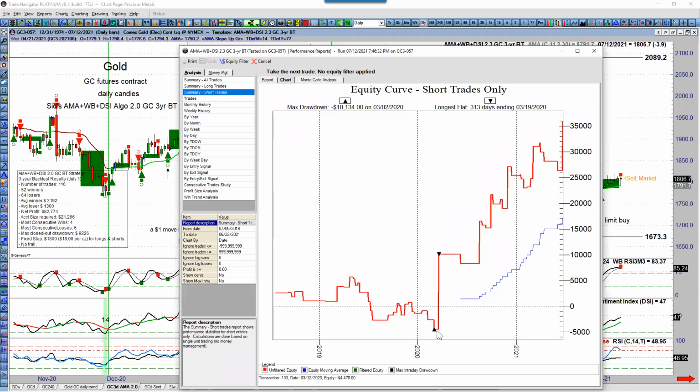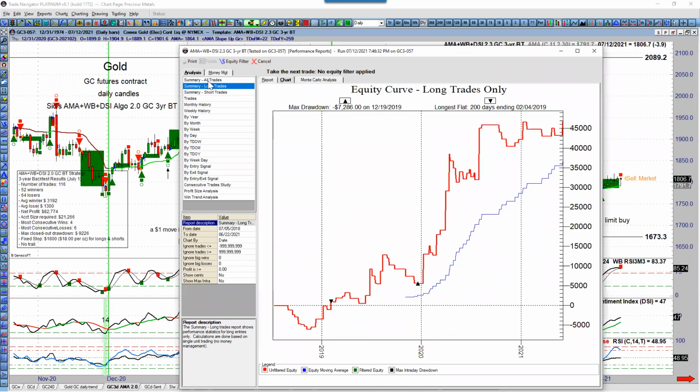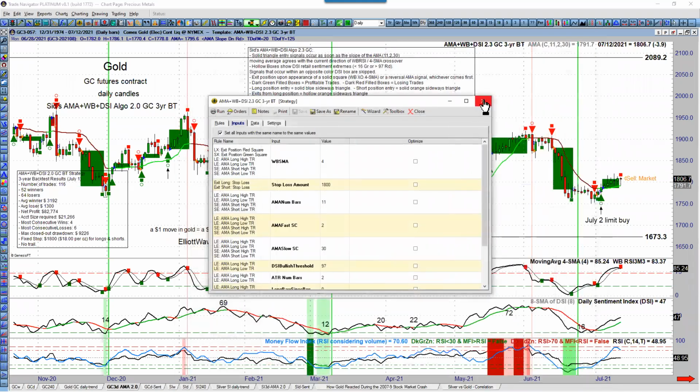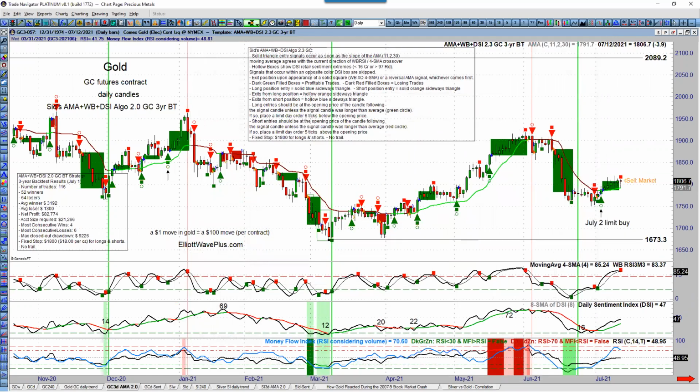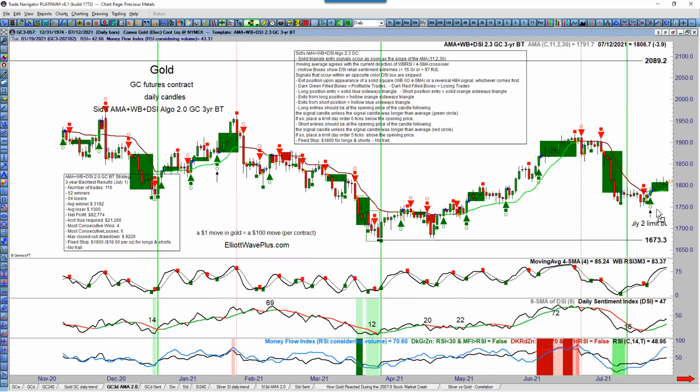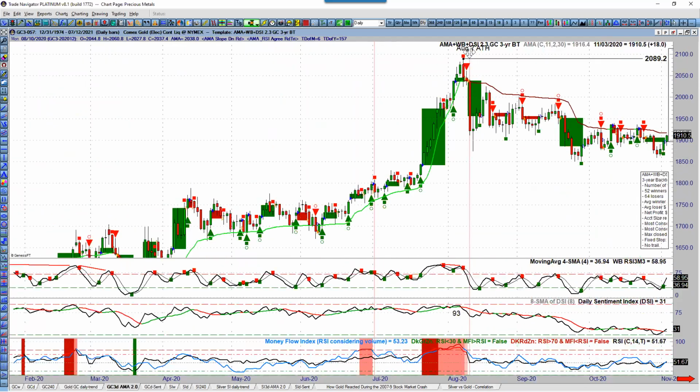Amazingly enough, starting about February or March of 2020, it started making consistent money on short trades, even though the general trajectory has been to the upside in gold since the March 2020 low, at least until it got to August of last year, August 7th.